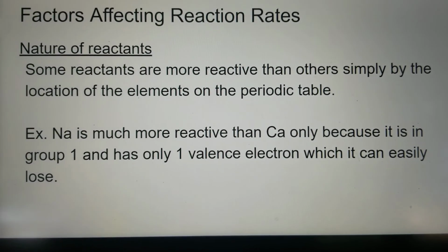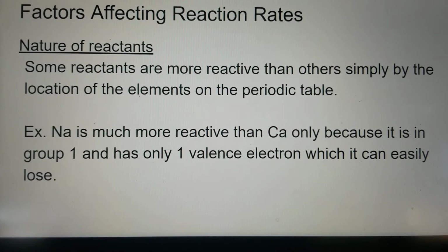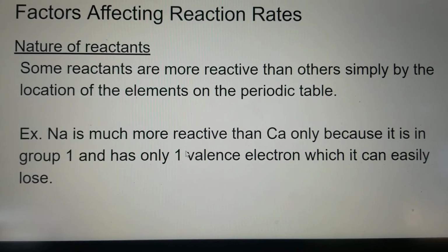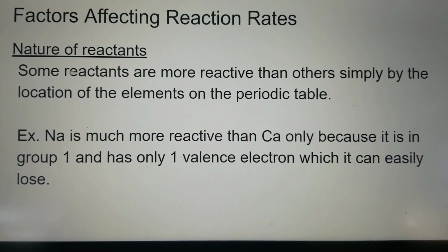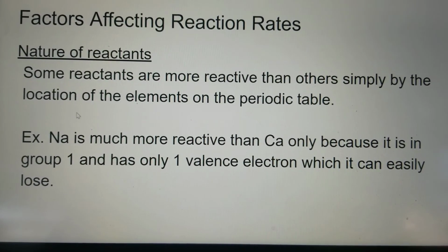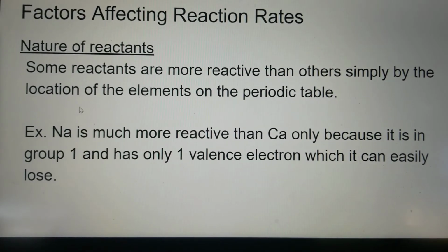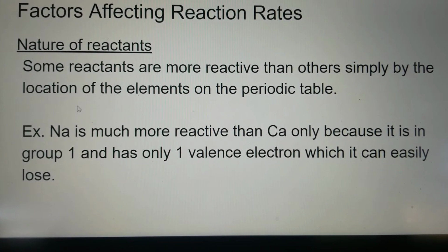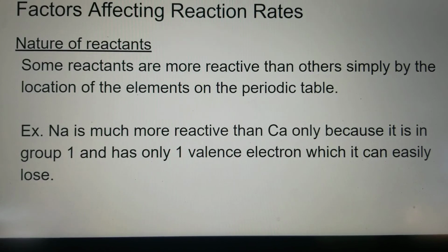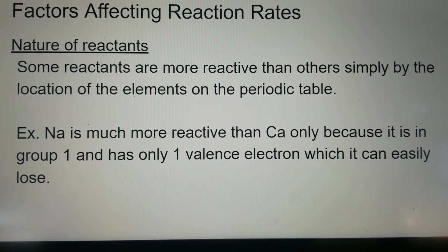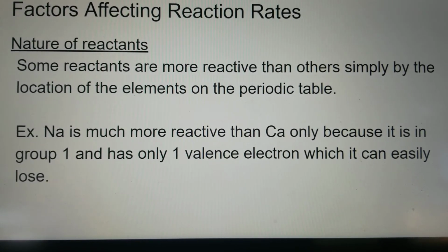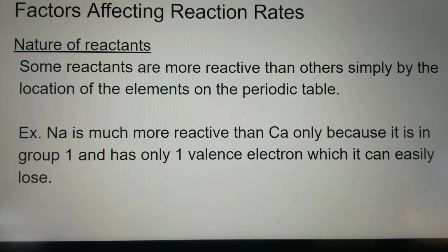Okay. Next section, factors affecting reaction rates. There are 5 factors affecting reaction rates. Again, this is all review from last year. Number 1, nature of reactants. Some reactants are more reactive than others simply by the location of the elements on the periodic table. For example, Na is much more reactive than Ca only because it's in group 1 and it only has that 1 valence electron to easily lose, whereas calcium has 2 valence electrons.